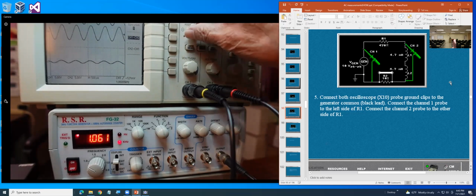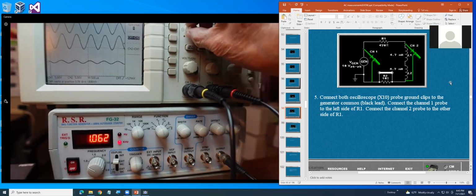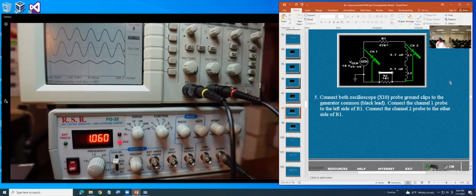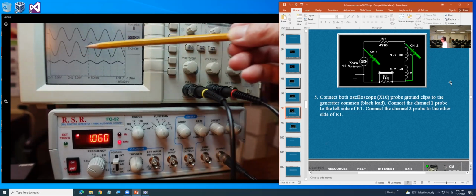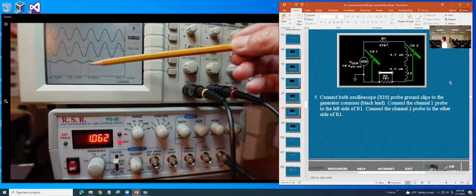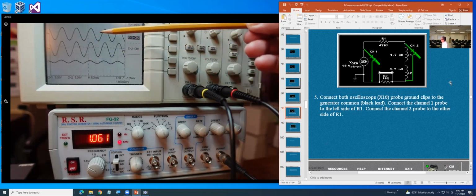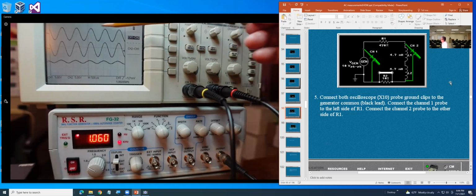You see that? Something screwed up with the scope. So you can see on the top you get that signal. That is channel 1 minus channel 2. So this is channel 1 only. This is channel 2. And this is channel 1 minus channel 2. Okay?